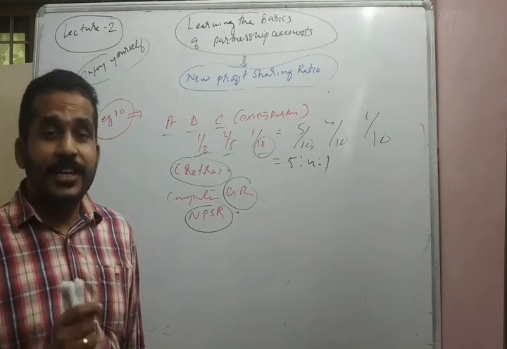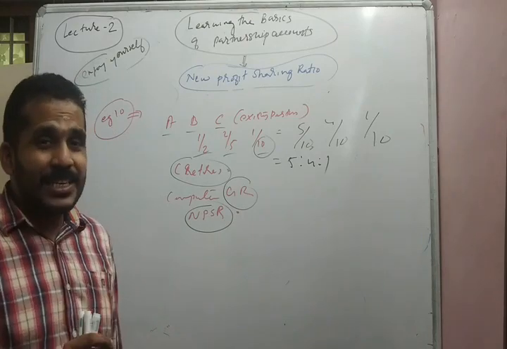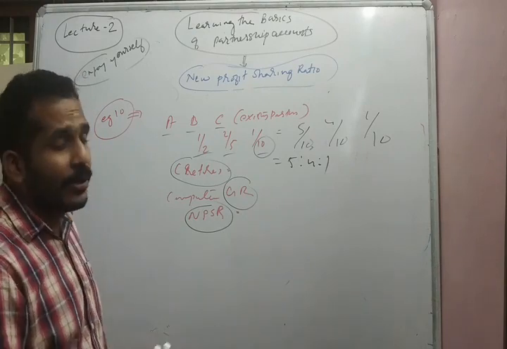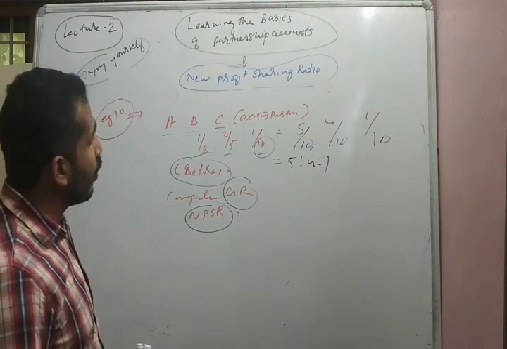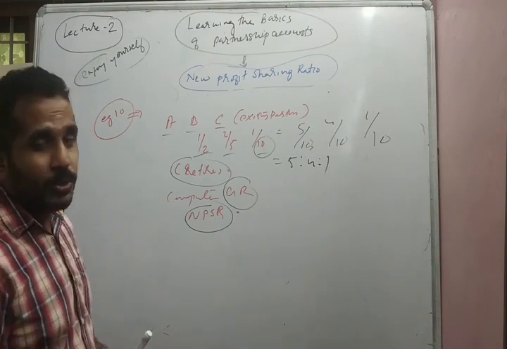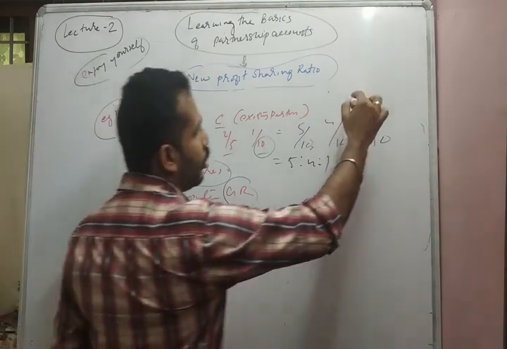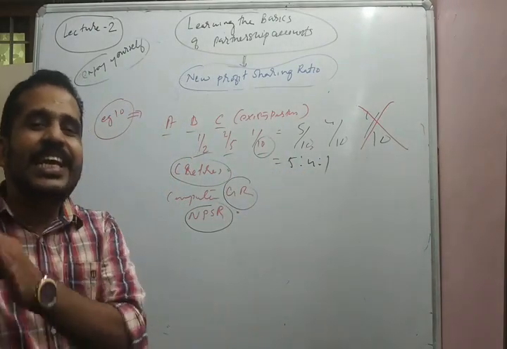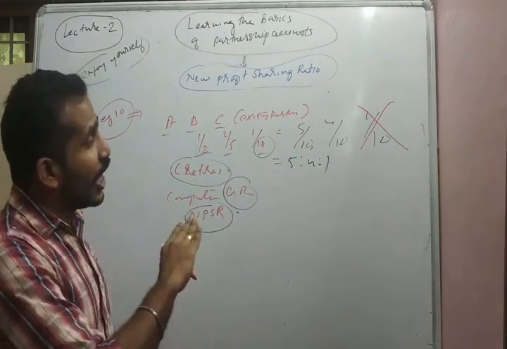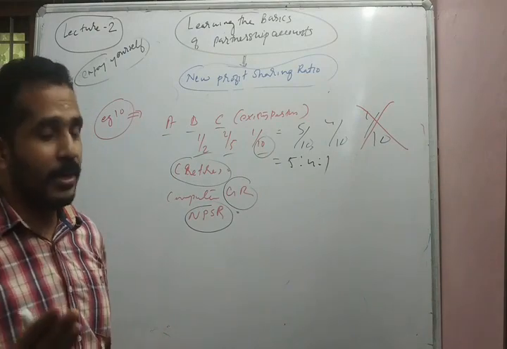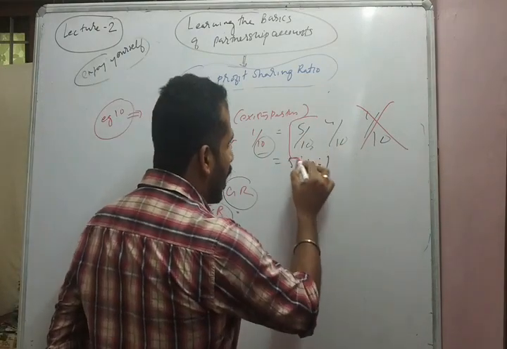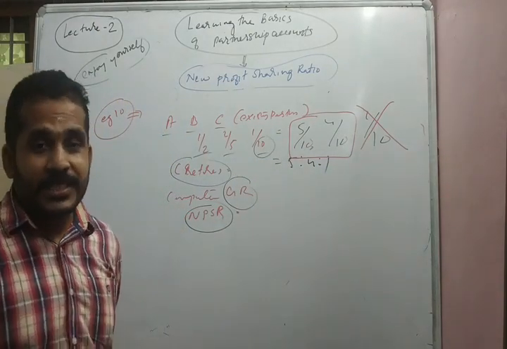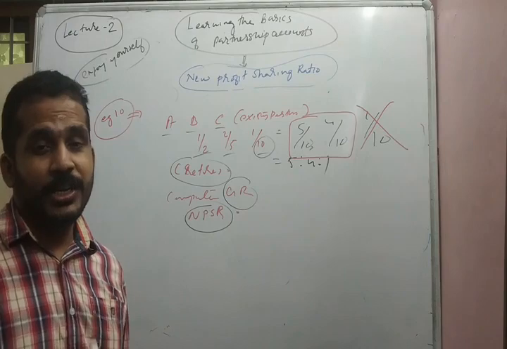So in that case, this is a simple problem to calculate the new profit sharing ratio of the existing partners. You have to just delete the share of profit portion of the retiring partner and continue with the same profit portion of the existing partners as the new profit sharing ratio.